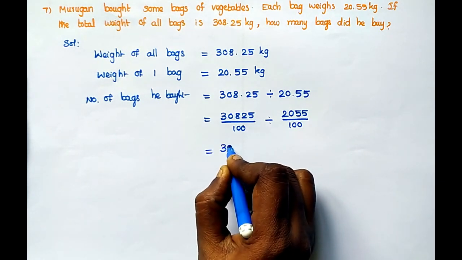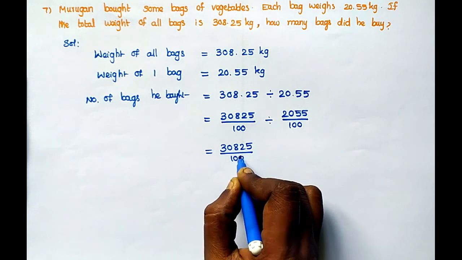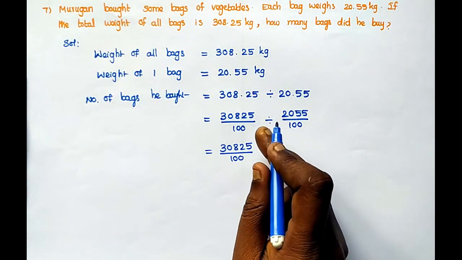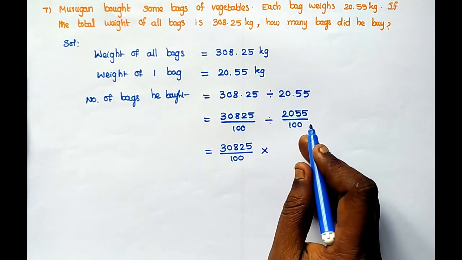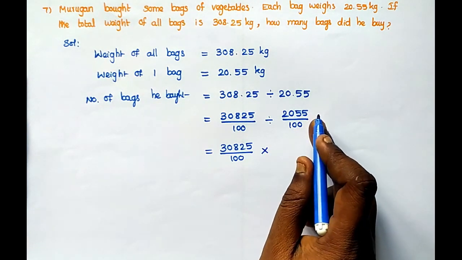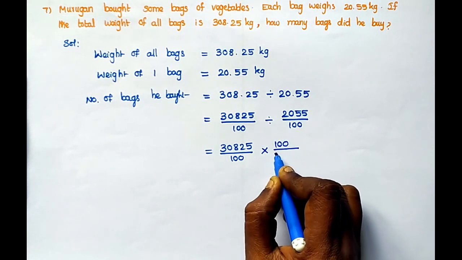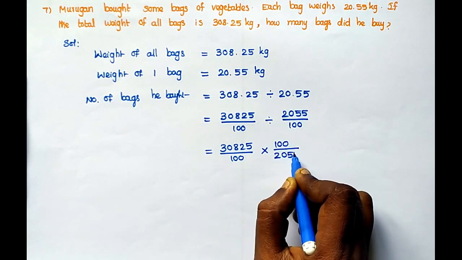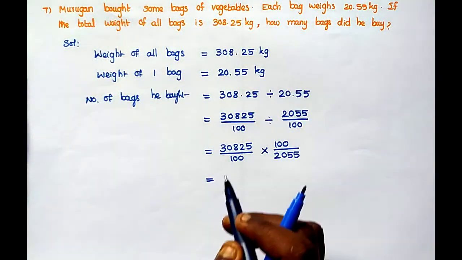Now 30,825 divided by 100: write down the first fraction as it is and convert into multiplication, that is take the reciprocal of the second fraction. What is that? The reciprocal is 100 divided by 2055. 100 gets cancelled.